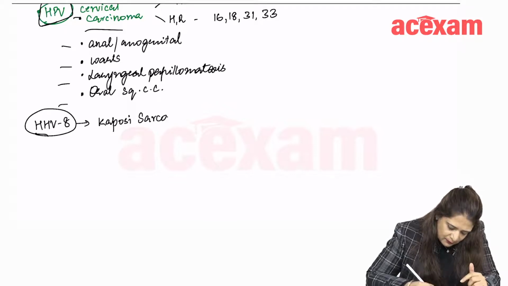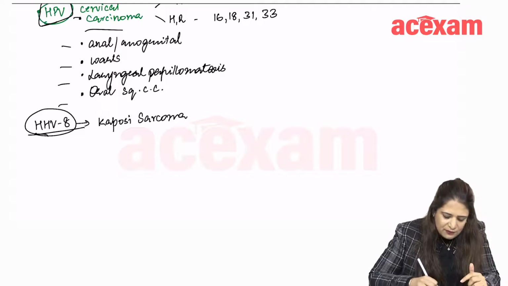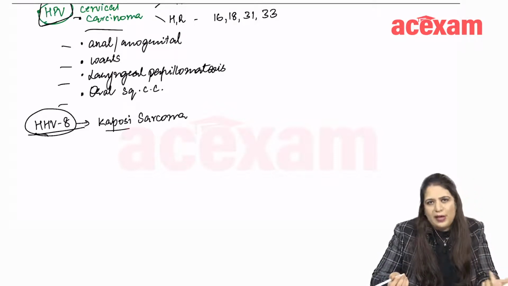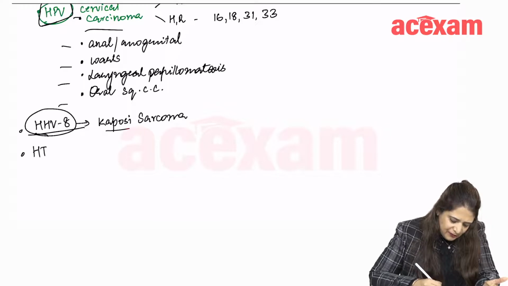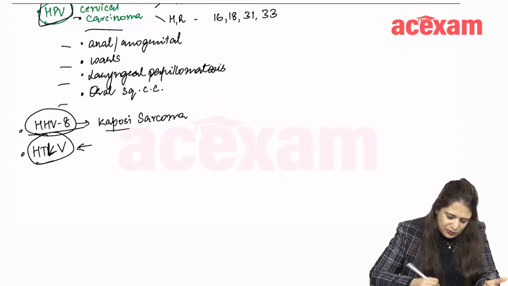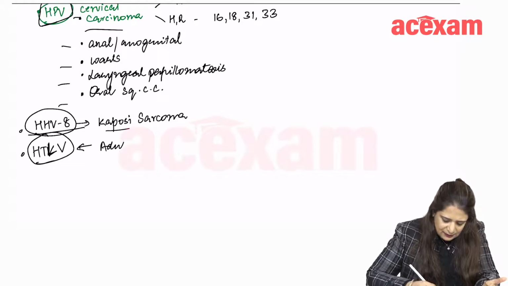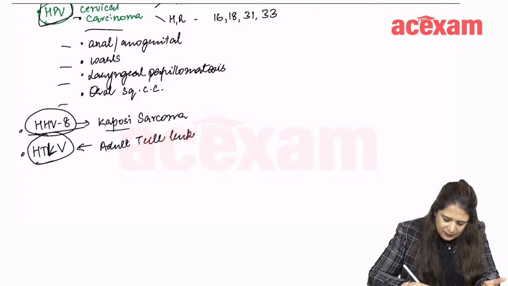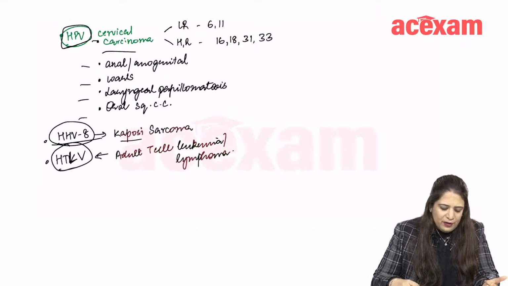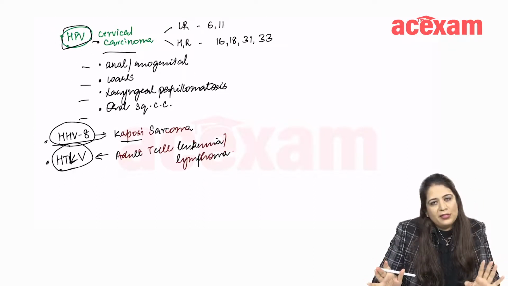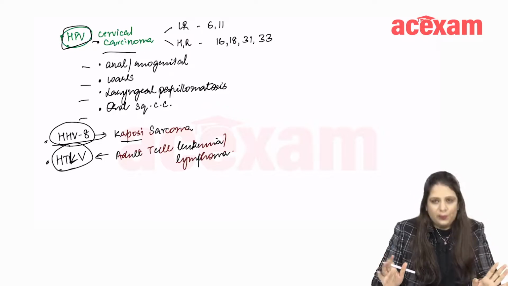Kaposi sarcoma is associated with HHV8 and also HIV infection. Then HTLV, human T-cell leukemia virus, is associated with adult T-cell leukemia lymphoma. So if you are able to remember these many oncogenic viruses, you are good to go.